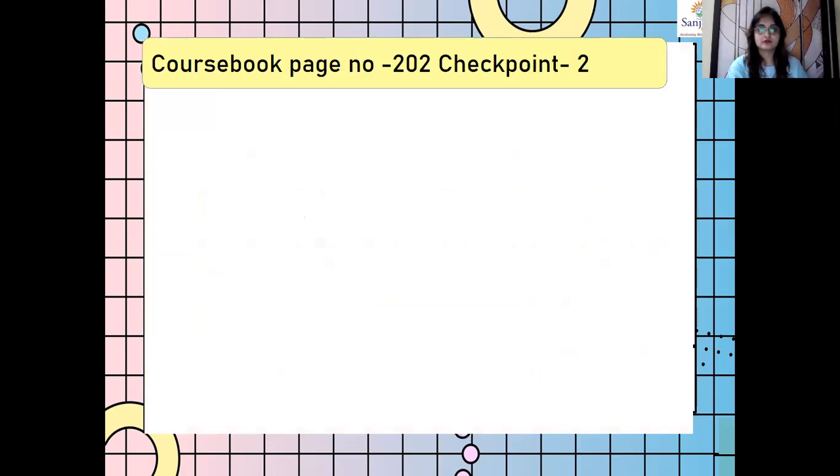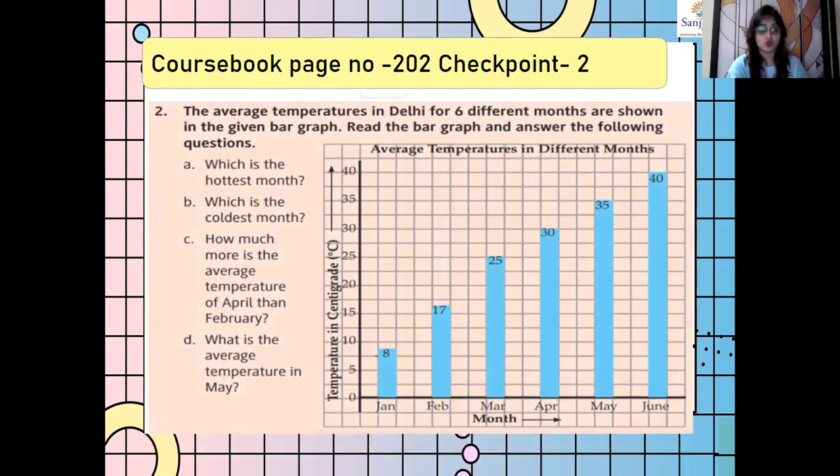Now I have explained what a bar graph is, what it represents, and the different parts of a bar graph. Now we will solve our course book page number 202, checkpoint question number 2.